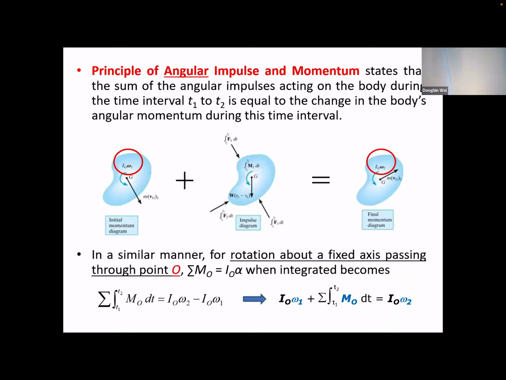Now again, we have this diagram. The diagram is the same, but this time, because we are talking about angular impulse and momentum, I use this red circle to indicate angular momentum.